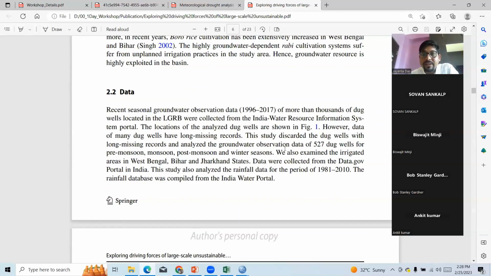We have to clarify it. This study discarded stations with long missing records, because removing long missing records is a common practice for station and observation data. So we have to mention it.